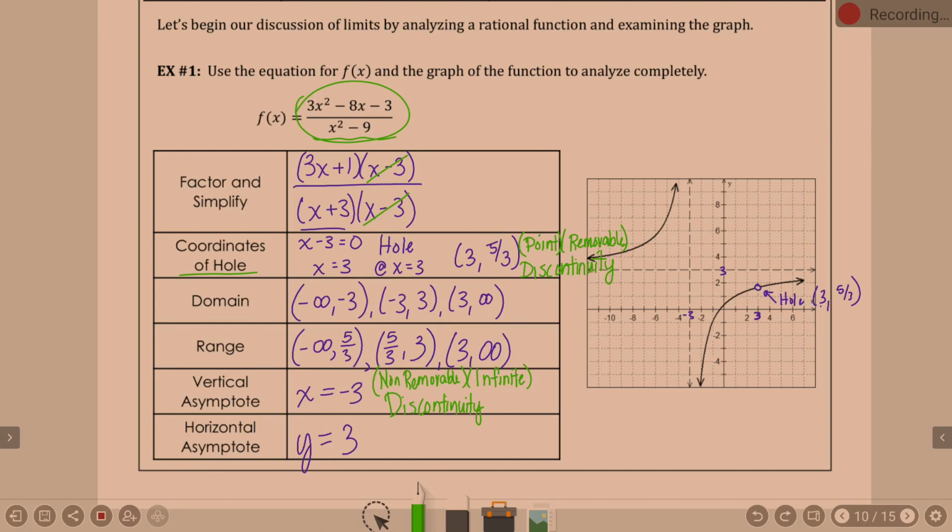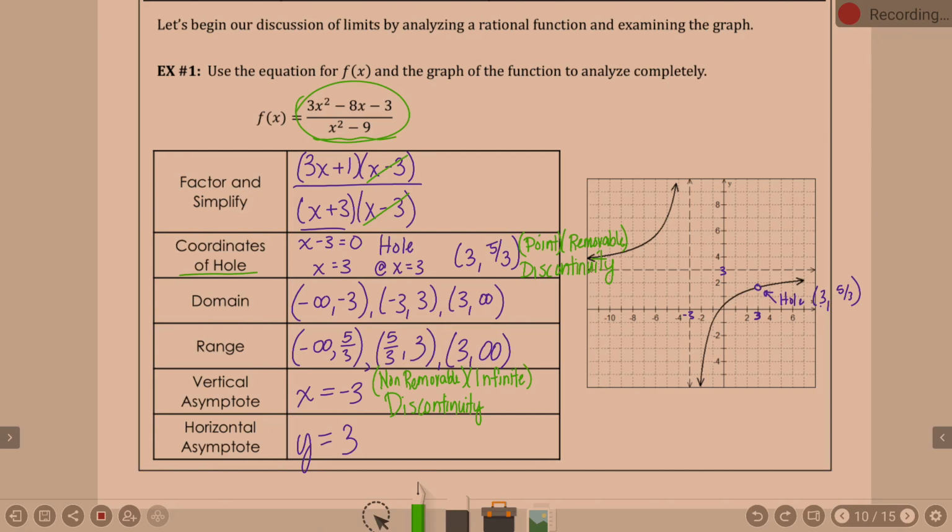Horizontal asymptote has to do with where the biggest power is. If the biggest power is on bottom, my horizontal asymptote is y equals 0. If my biggest power is on top, there is no horizontal asymptote.